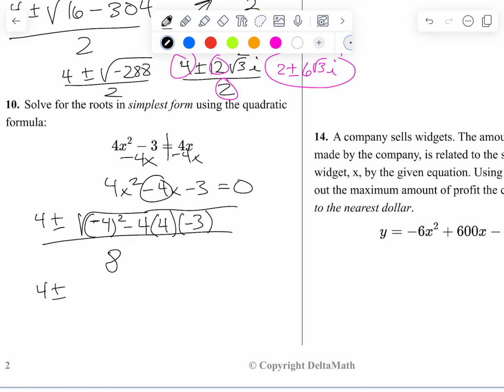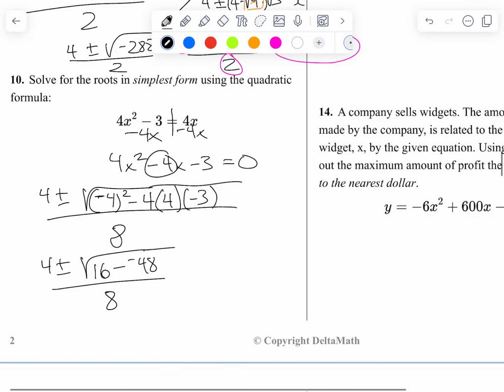So 4 plus or minus square root of 16 minus 4 times 4 is 16 times 8 is negative 48 over 8. This will turn into 4 plus or minus the square root of 64 over 8.